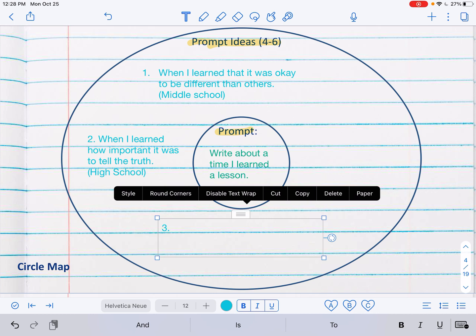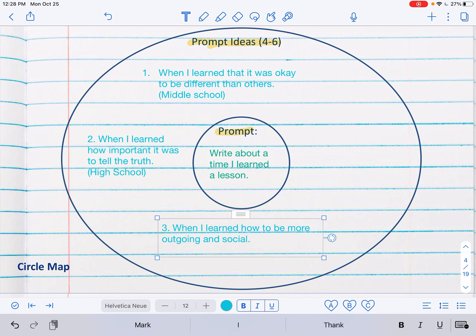I can write about the time when I learned how to be more outgoing and social, because I used to be super, super shy when I was younger, but this was more when I got to college. I can write about that story.